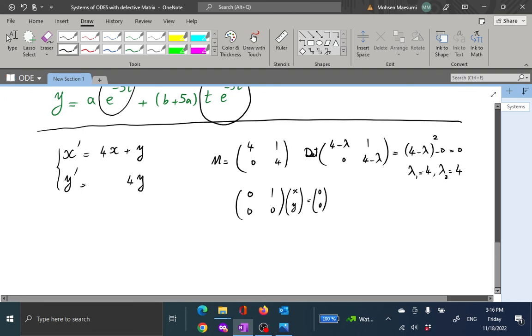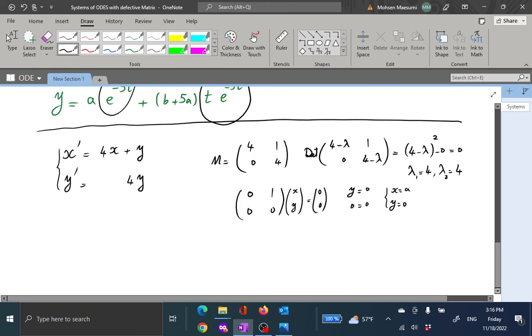It was a rather confusing equation, but let's just write it. The first equation says y equal to 0, second equation just 0 is equal to 0. So what do we get out of it? Well, obviously I get y equal to 0. How about x? Well, x is arbitrary. Anything will be fine so long as it's not 0.